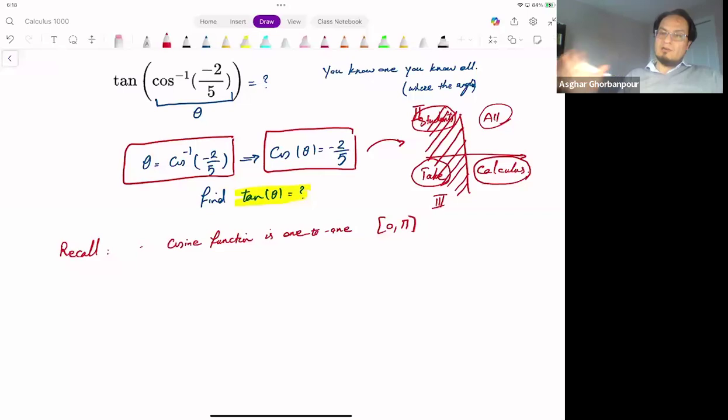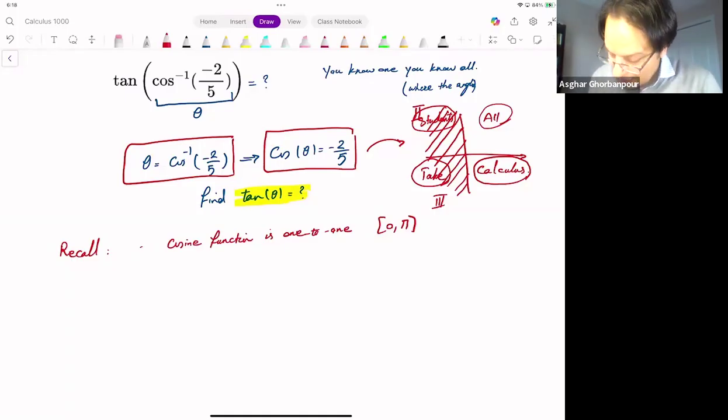This is the standard convention. So we take the one-to-one domain of cosine, and then we use that to find the inverse of the cosine function.